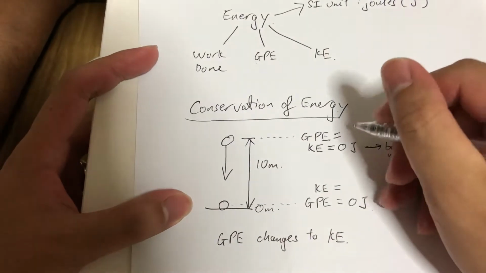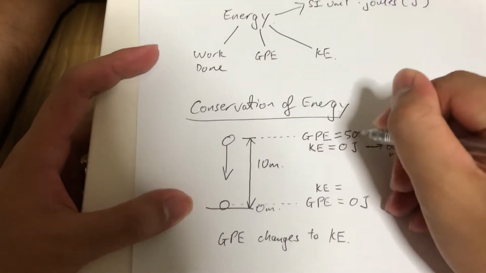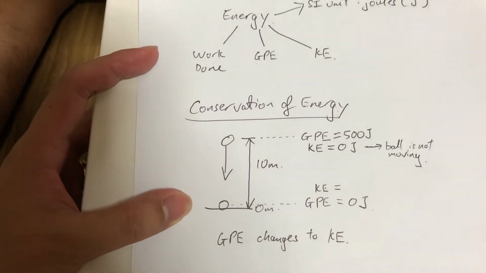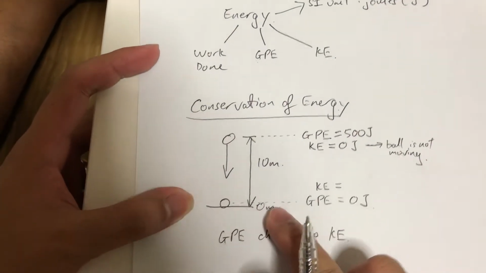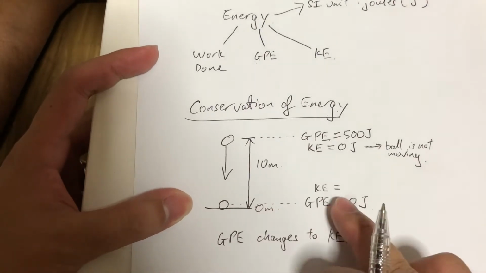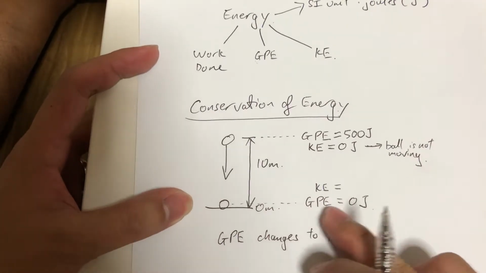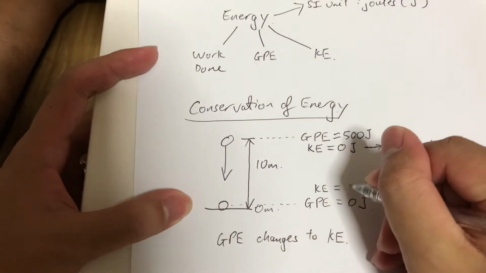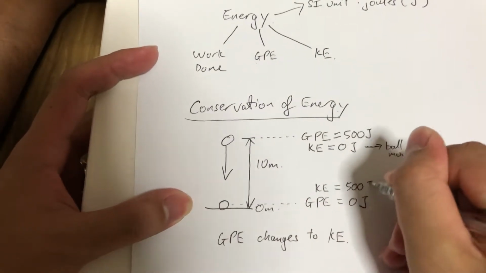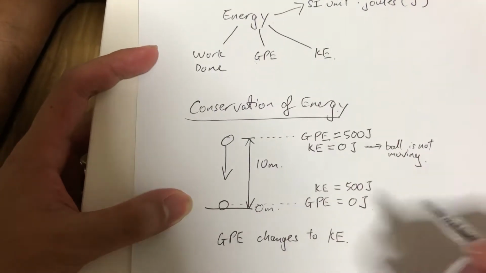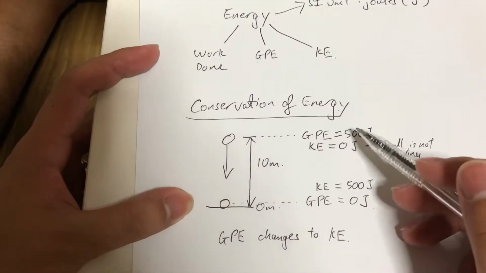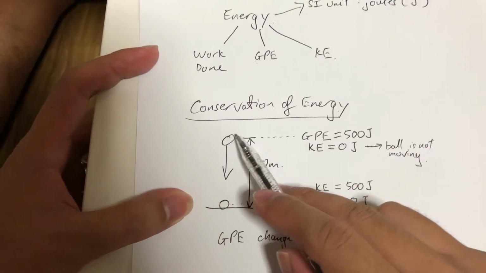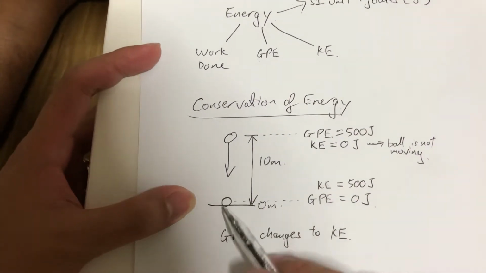If the gravitational potential energy at the start is 500 joules, then when the ball reaches the ground, the gravitational potential energy is 0 joules, but the kinetic energy is now 500 joules. Why is this so? Because all the energy from the gravitational potential energy at the start is now changed into kinetic energy.